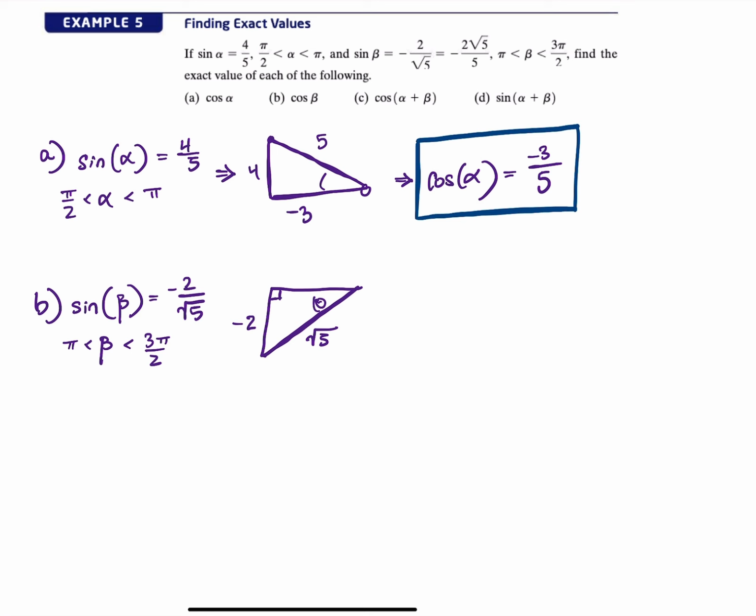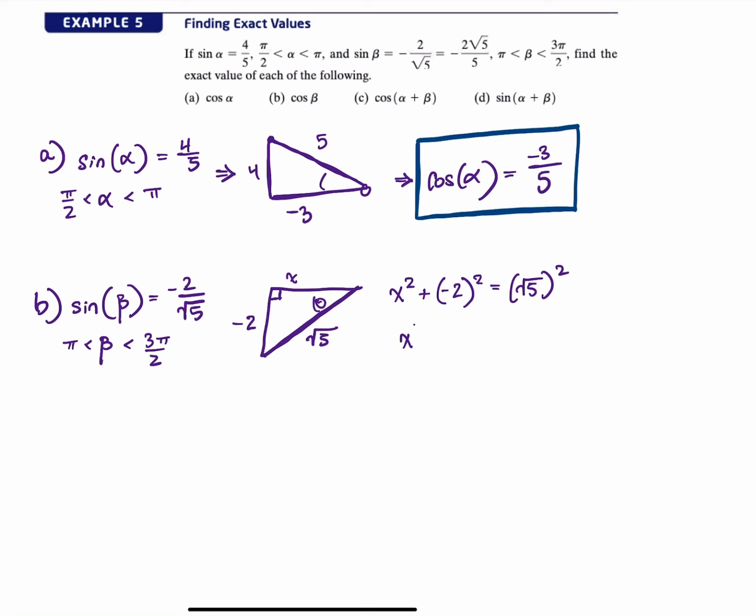So let's find this missing side length. You can't recognize the Pythagorean triple here, especially with the square root, so let's just use the Pythagorean theorem. Let's call this x. So I will say x squared plus negative 2 squared should equal the square root of 5 squared.